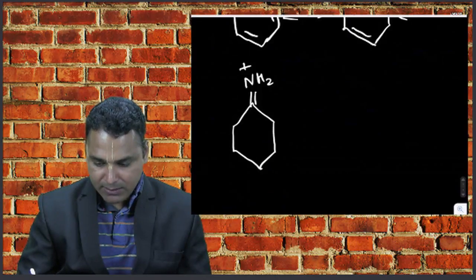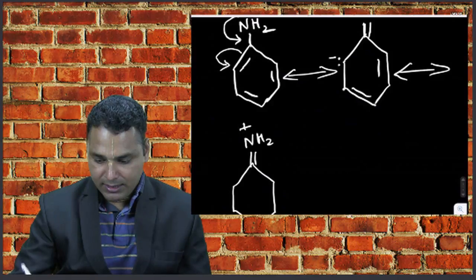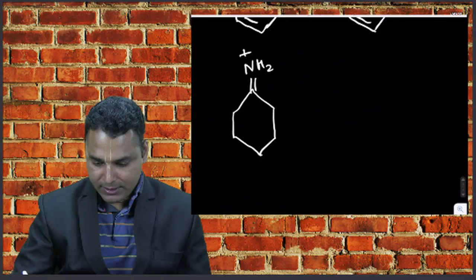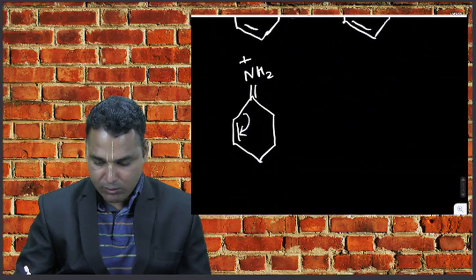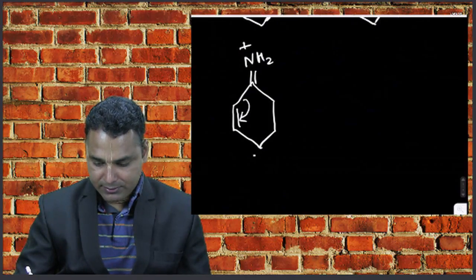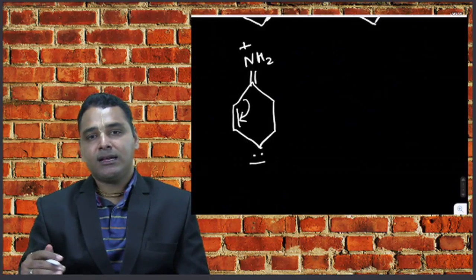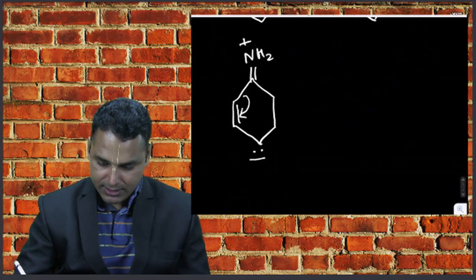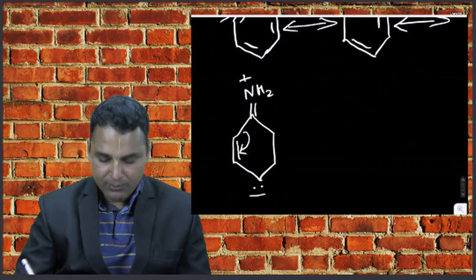Now this double bond, earlier it was here, now it has shifted from here to here. And this electron density, the lone pair of electrons, has shifted here. So this shifting is a continuous process. That's why the continuation is going on. So the electrons are here. Now the double bond earlier was here, now it is here.